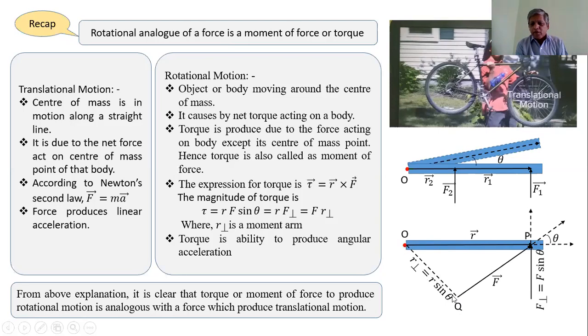This perpendicular distance is called the moment arm, represented by r perpendicular. Hence, instead of r sine theta, we write r perpendicular.